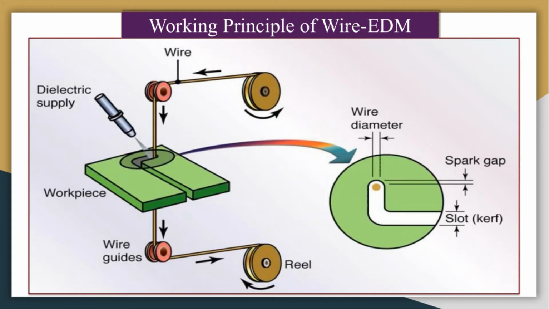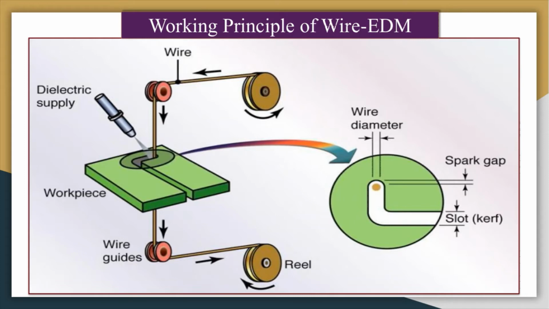Then we have to pass the wire, for that we require the take up rail and another rail. And here I have shown a separate larger image of the cutting area, where we can see the kerf or slot, also the spark gap and wire diameter. So this is a schematic diagram of the wire EDM process.